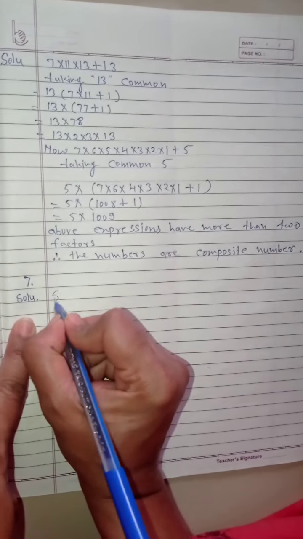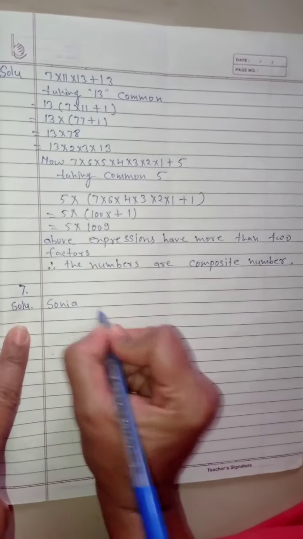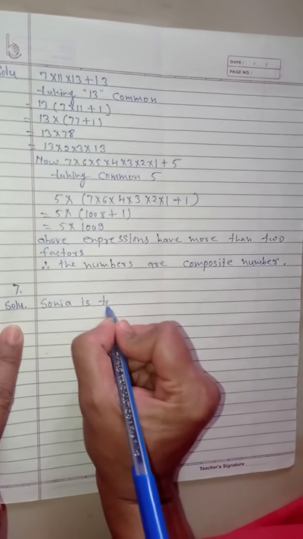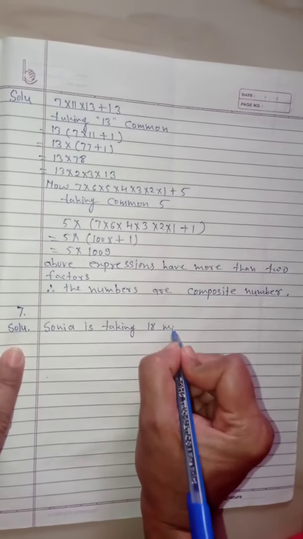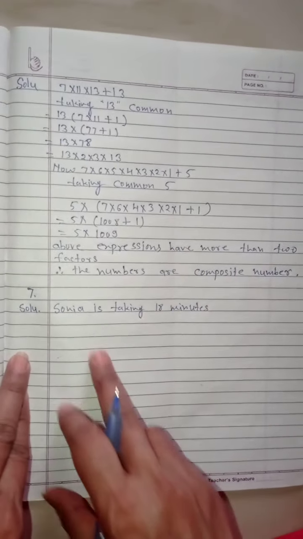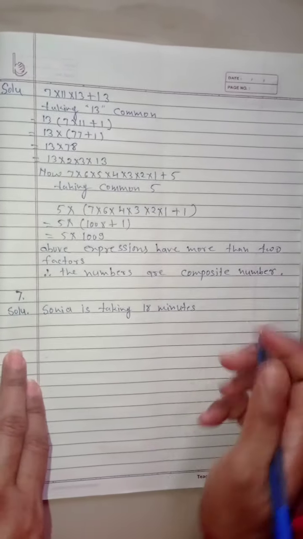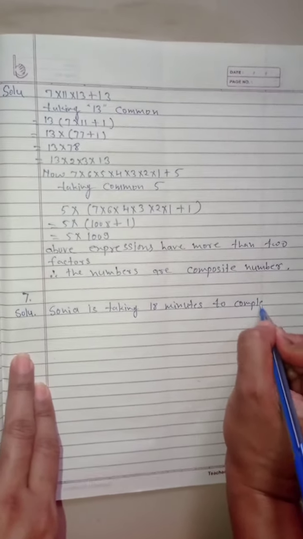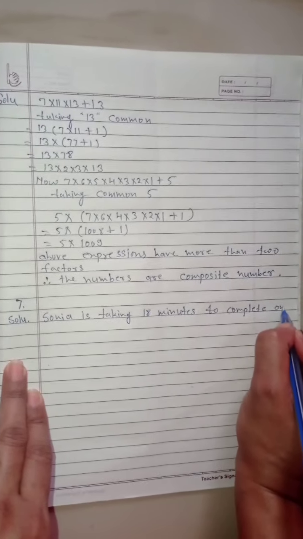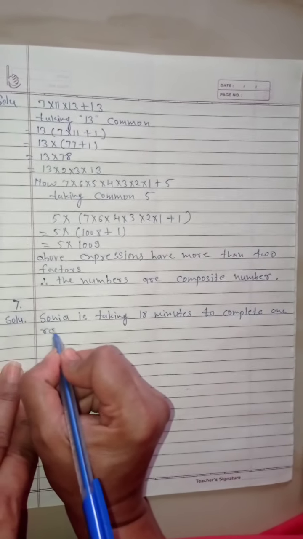Solution. Sonia is taking 18 minutes to complete one round.